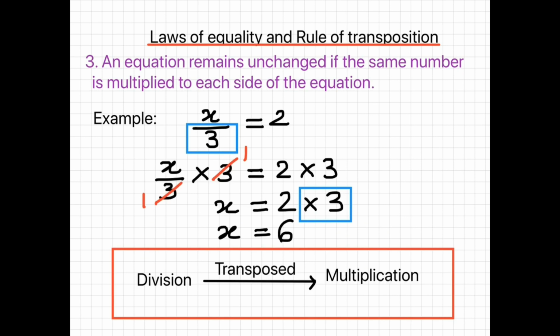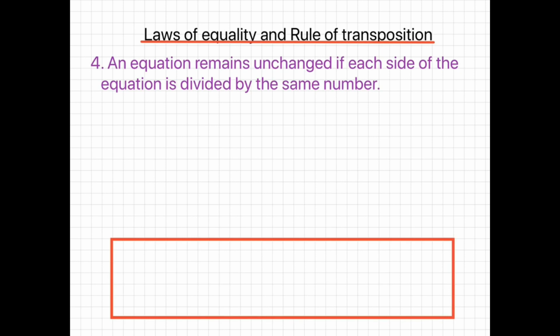Let us now look at the fourth law of equality. An equation remains unchanged if each side of the equation is divided by the same number. To understand this point, let us look at one example. 4x = 12.